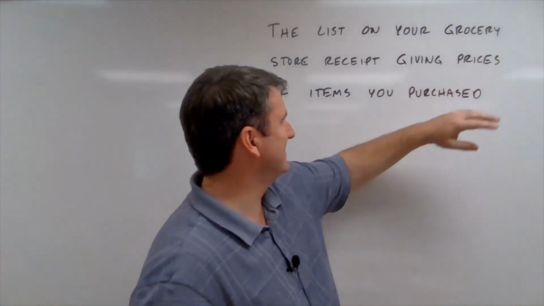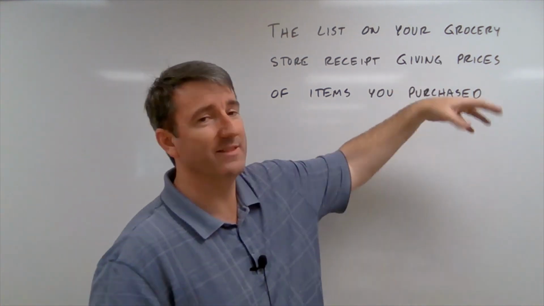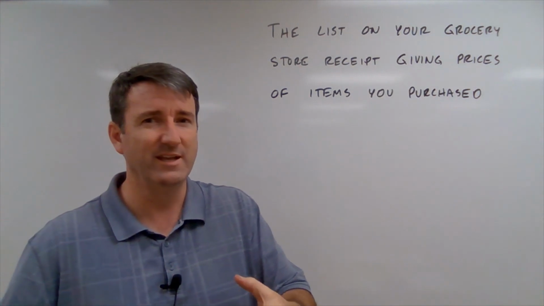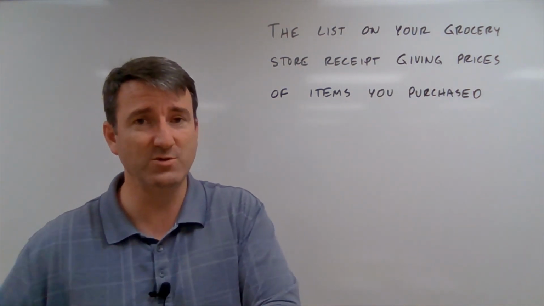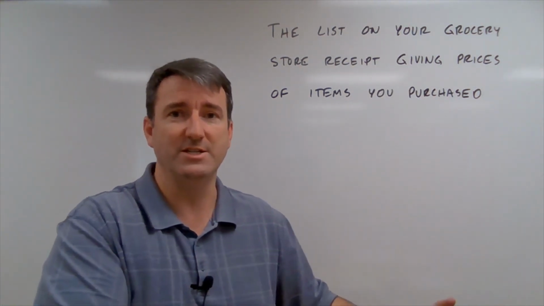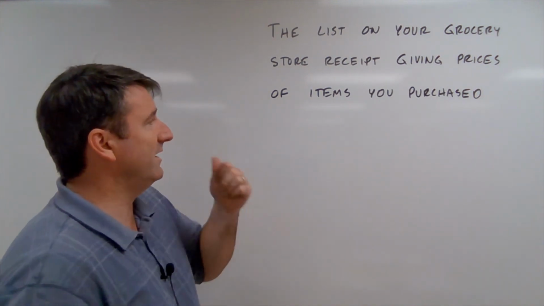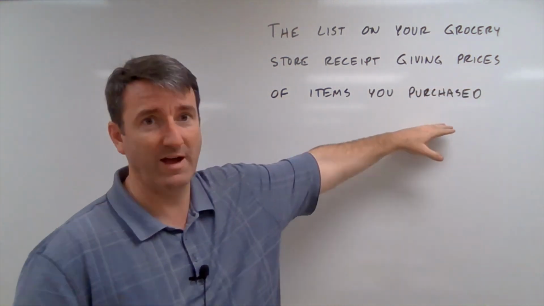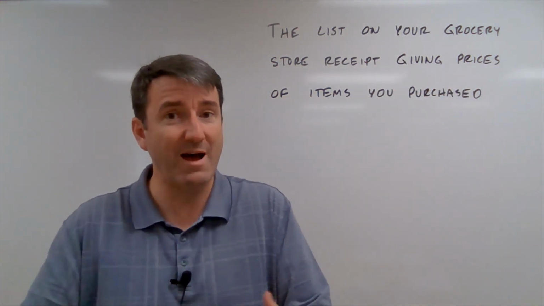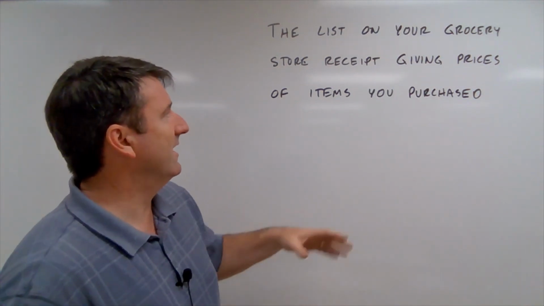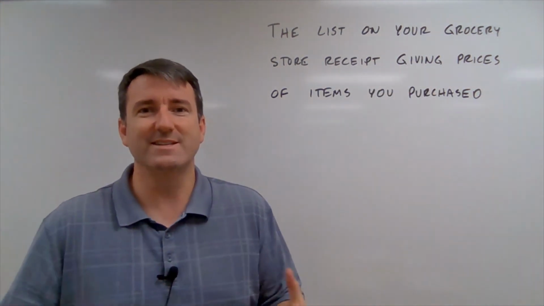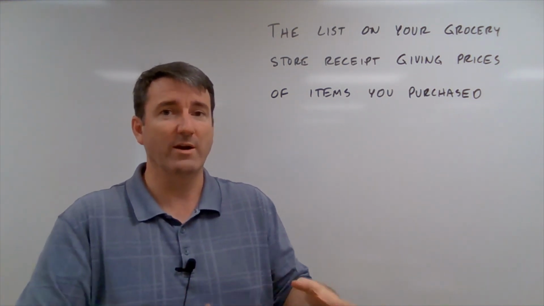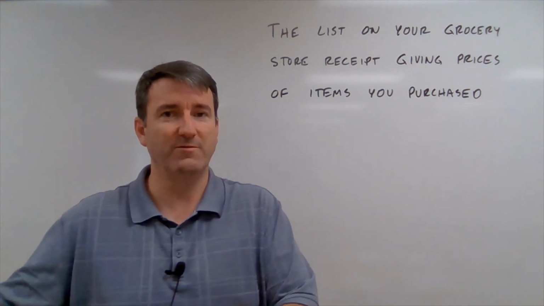We've got the items that you purchased and then the prices of those items, but there's no obvious relationship between those two things, where if you change one, it will change the other. There might be if we said the relationship between the number of items we purchased and our total bill, that would be a function. But this statement isn't something that we can describe as a relationship between two variables where changing one is going to affect the other.